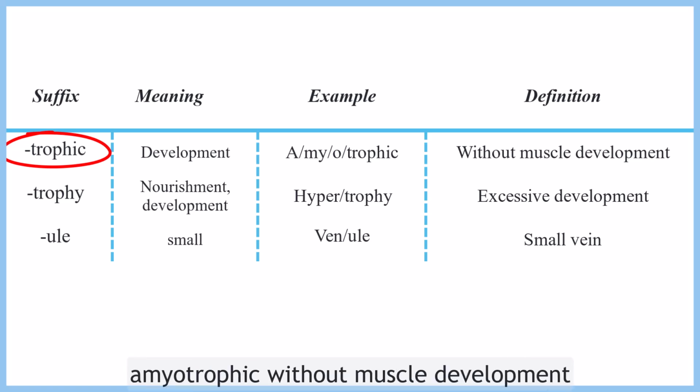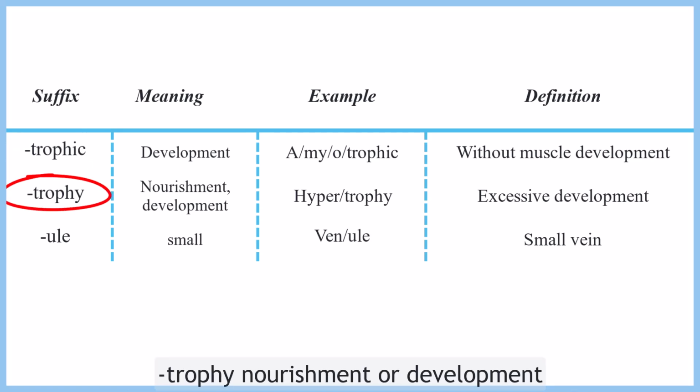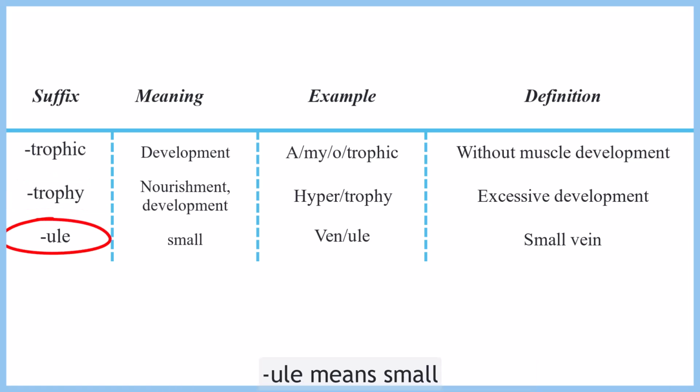Amyotrophic, without muscle development. Trophy, nourishment development. Hypertrophy, excessive development. Ule means small. Venule means small vein.